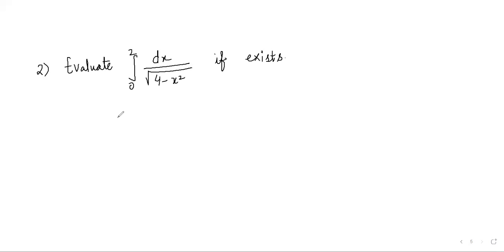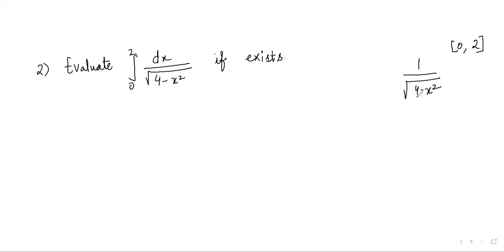See here, the limits are 0 and 2. They are finite. So it is not an improper integral of first kind. Now let us check for the second one. The integrand is here 1 upon under root 4 minus x square. Is it bounded within the domain of integration, which is the closed interval 0 to 2, or does it become unbounded at some point of this closed interval 0 to 2?